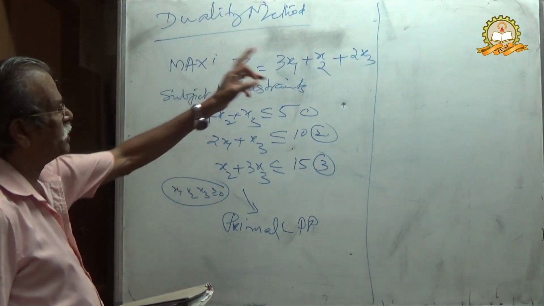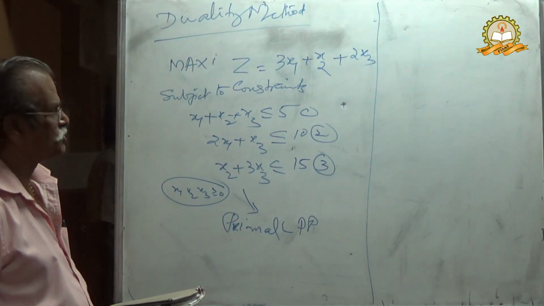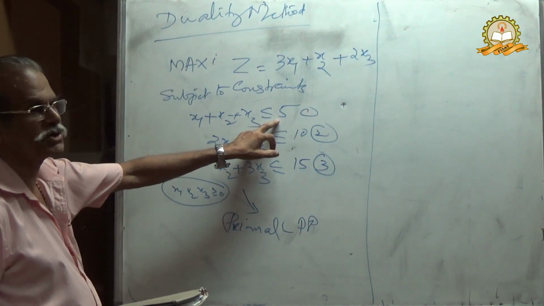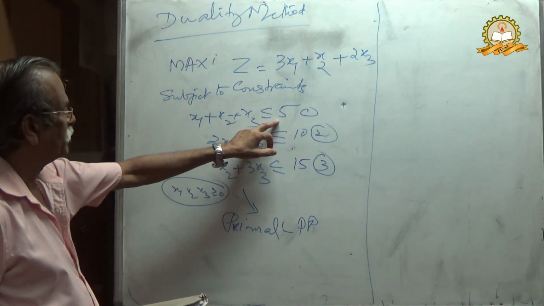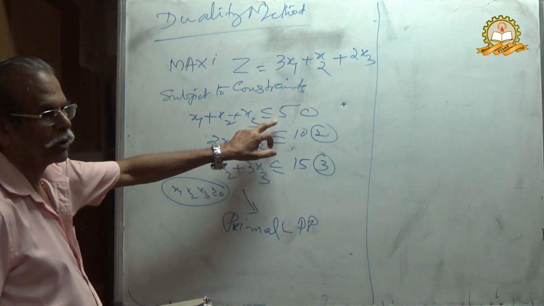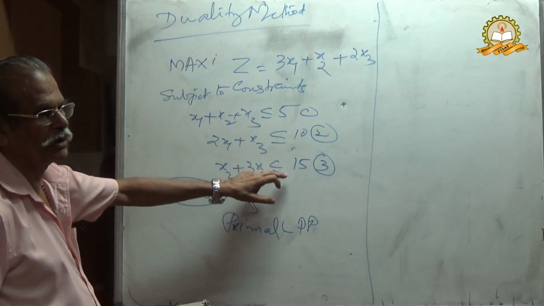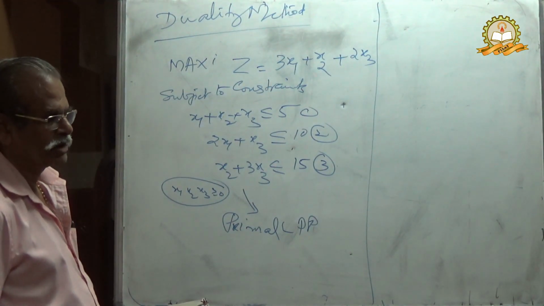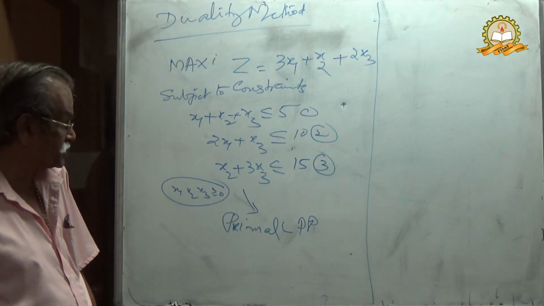Maximum changes into minimization. Then here the inequalities are all less than or equal to.